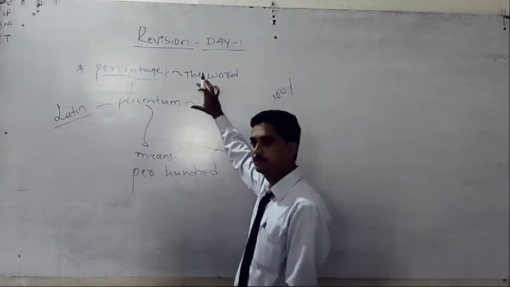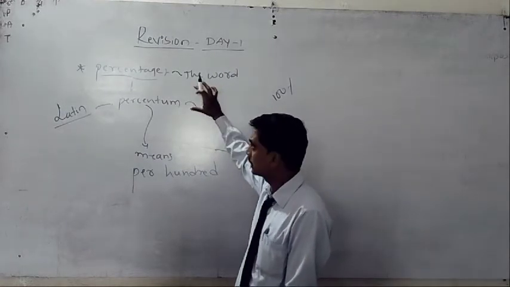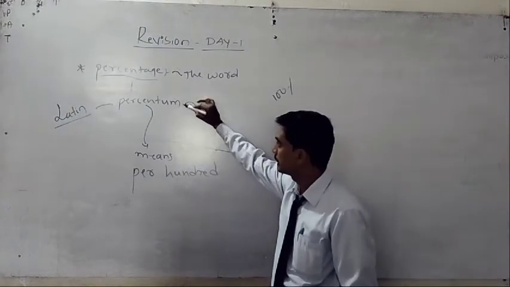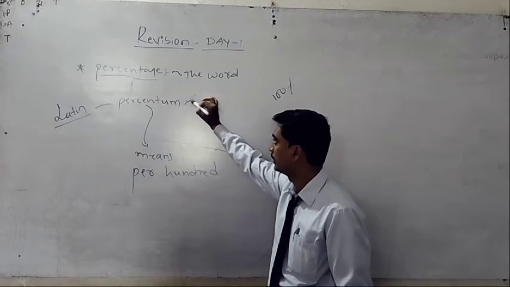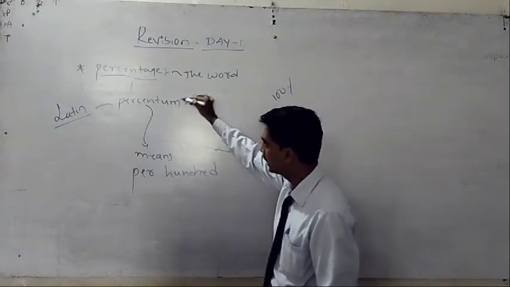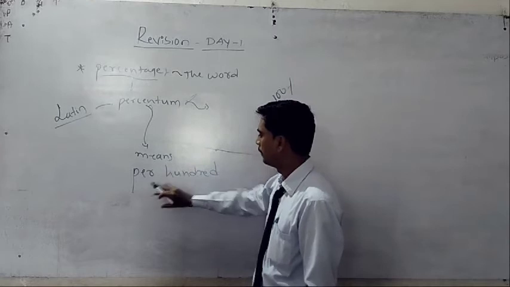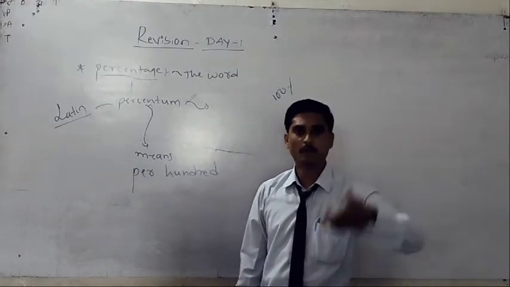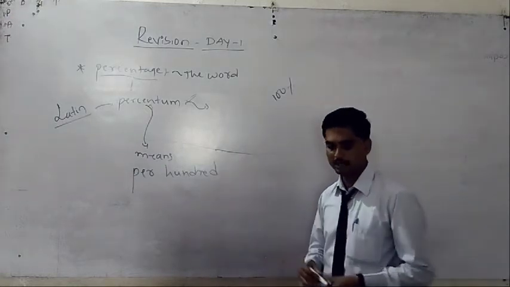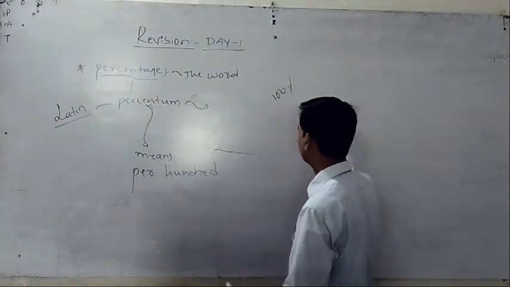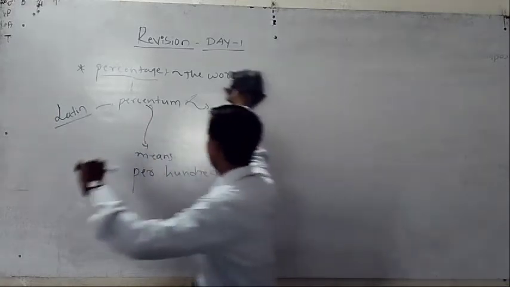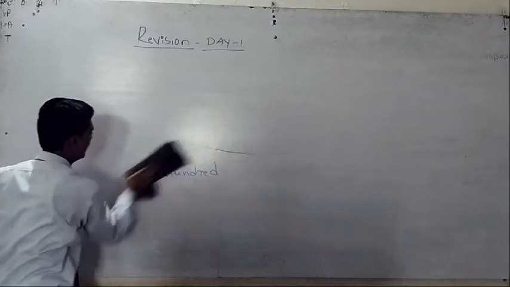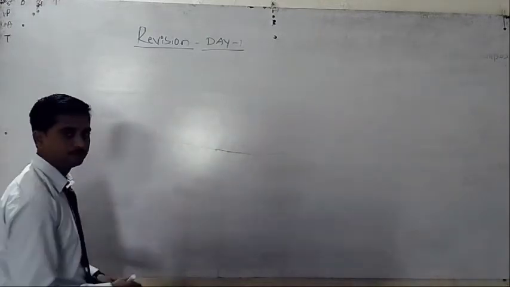Remember that in your objective type, the word percentage comes from the Latin word percentum. Percentum means per hundred how much? This is the percentage meaning. Remember that percentage means how much per hundred.